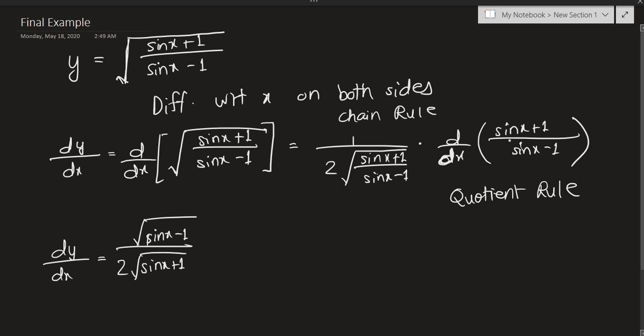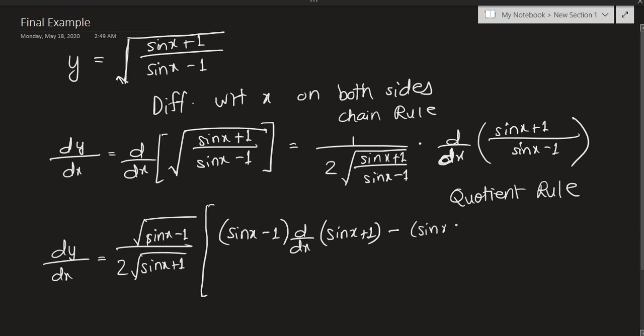So differentiating the numerator first, while we make the denominator wait. So sine x minus 1 times the derivative of sine x plus 1, minus, now we make the numerator wait.